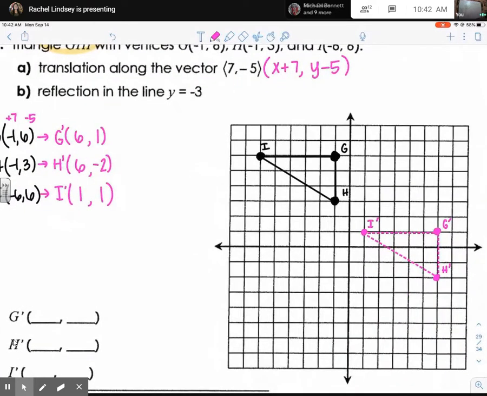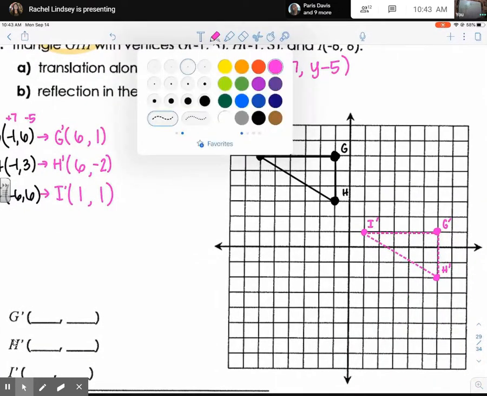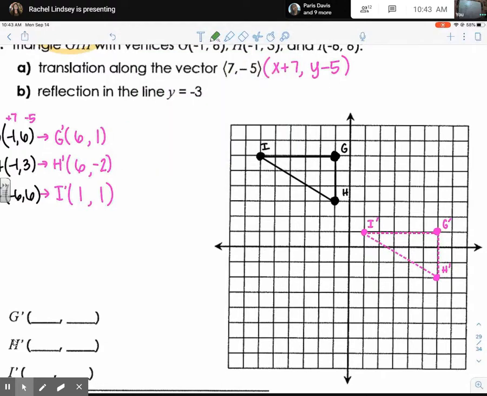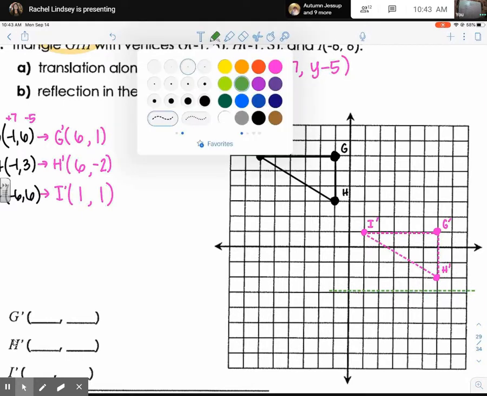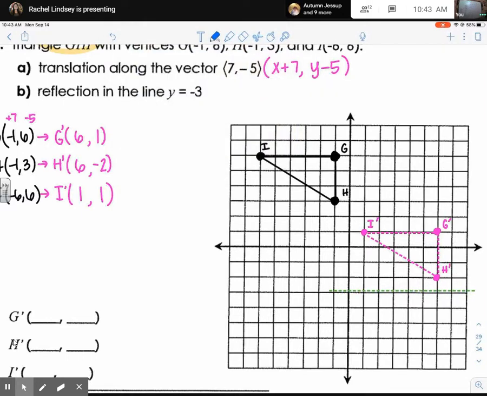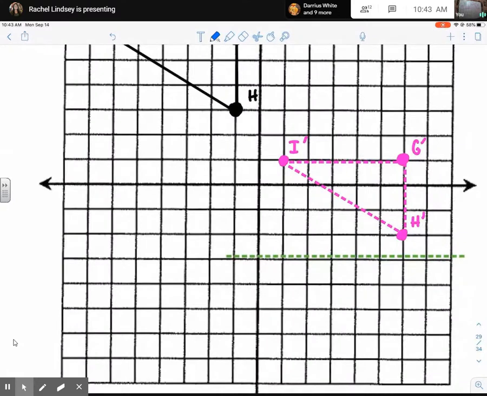And there's no technical rule you can write for that. Okay, so I'm going to take that pink shape and reflect it over y equals -3. So I went on my y-axis to -3 and then I went side to side.